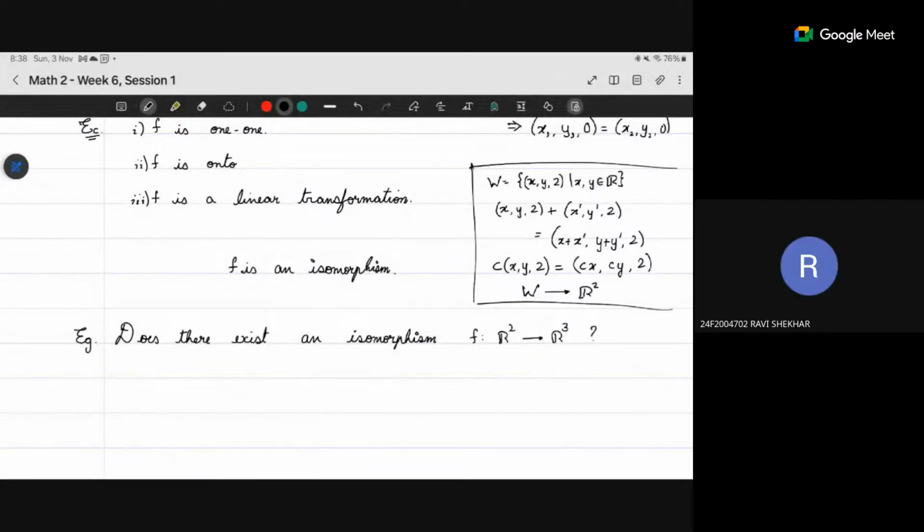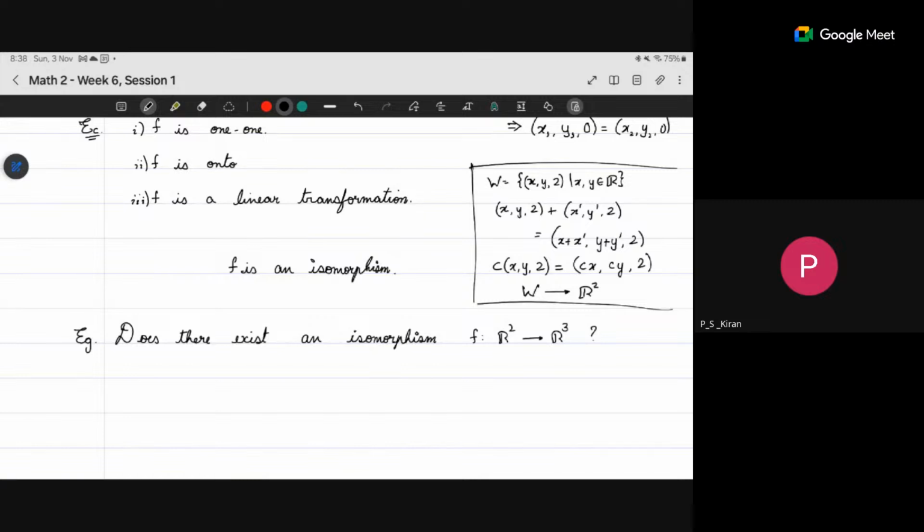The third coordinate is not changing. As long as it is 2, if I do (x, y, 2) and (minus x, minus y, 2) and I add them, I'll get (0, 0, 2), which is the identity in this vector space. Got it, sir. (0, 0, 2) is the identity, and (minus x, minus y, 2) is the additive inverse.